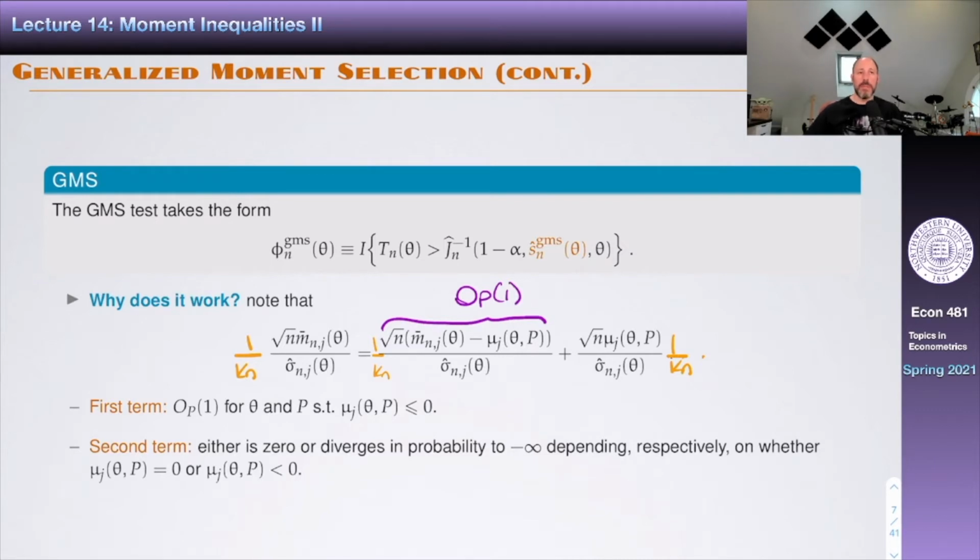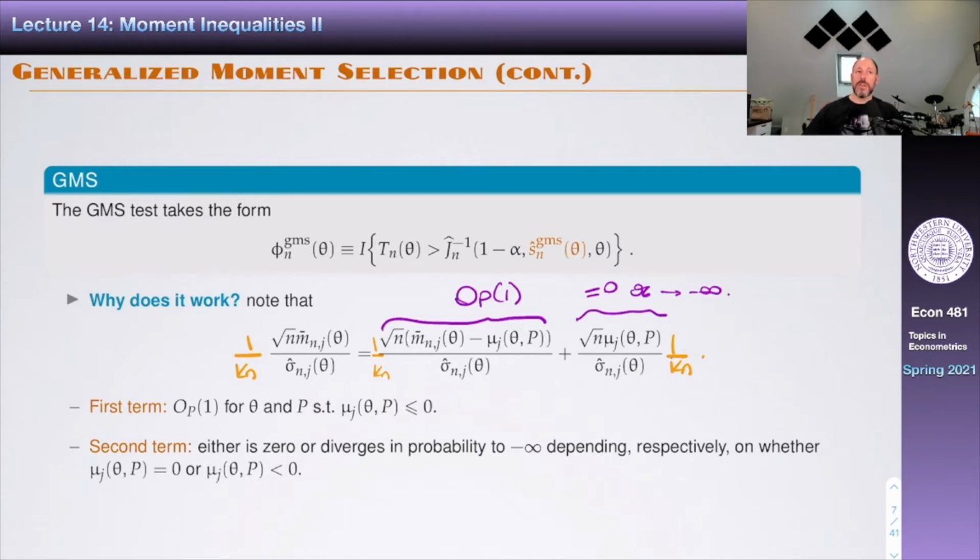So square root n times x bar minus the mean, divided by sigma. So that's an asymptotically normal term. And then this other part over here, it depends, right? It could be 0 if mu j is 0, or essentially this is either equal to 0 or it goes to negative infinity. Those are the two possibilities for that term.